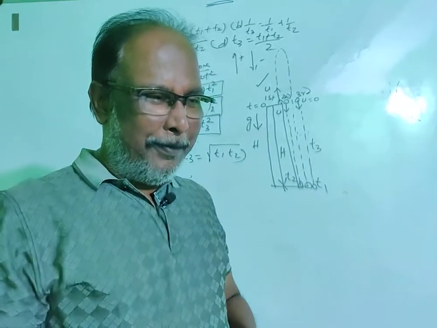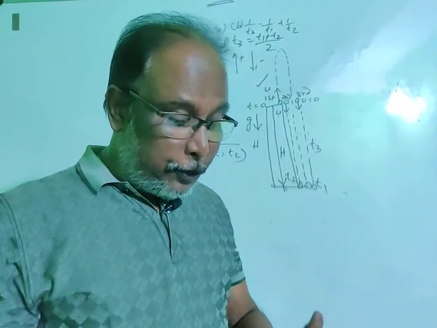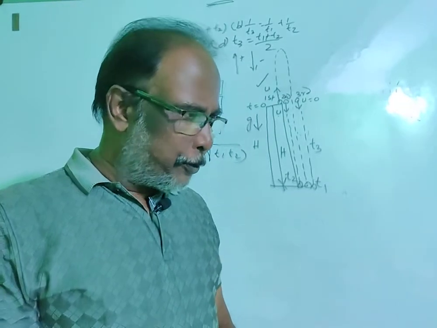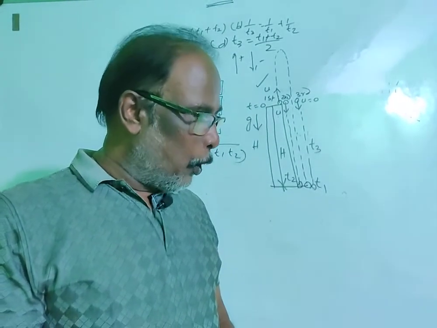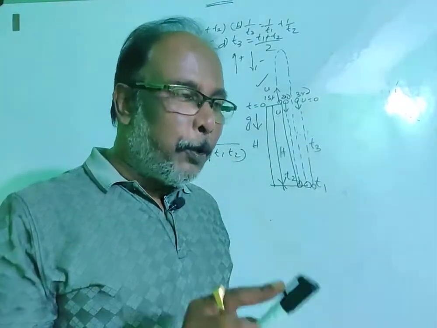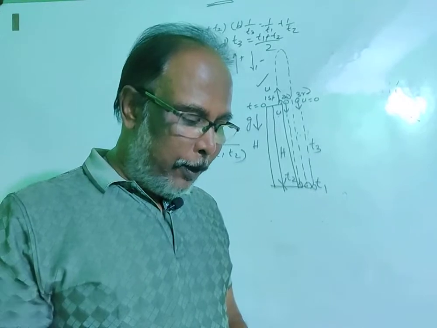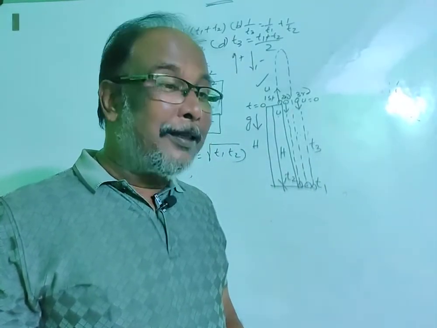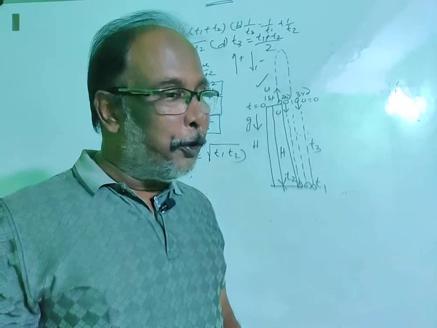No. See the situations you have asked me. The first stone is thrown upwards with a velocity u. The second stone is thrown downward with the same velocity u. The third stone is dropped with initial velocity 0.